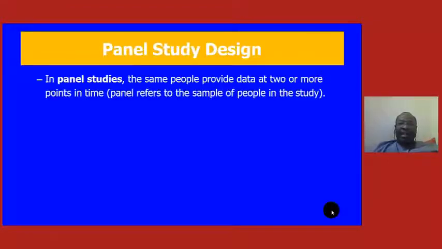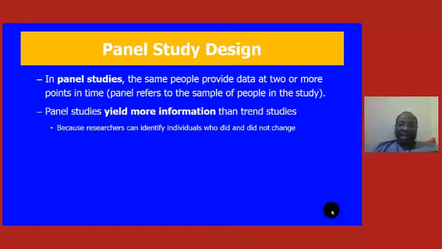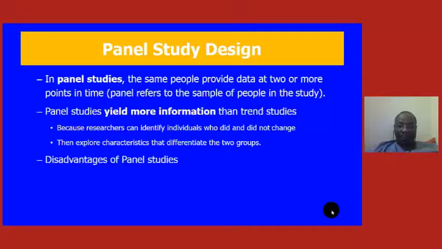In panel studies, the same people provide data at two or more points in time. Panel refers to the same sample of people in the study. Panel studies yield more information than trend studies because researchers can identify individuals who did and did not change, then explore characteristics that differentiate the two groups.